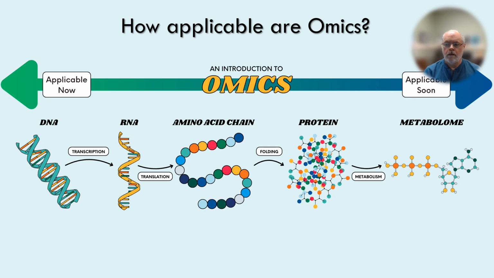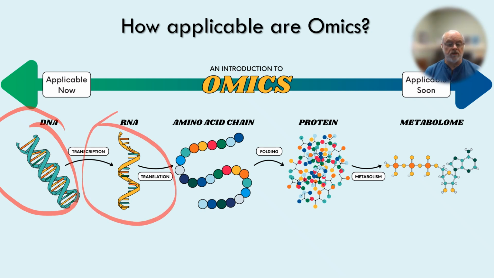Well, the applications early on in the process of gene expression, such as genomics, are widely used within fisheries and conservation even now. So this is used for stock structure, and for applied questions in terms of hybridization. And in fact, transcriptomics is also widely used within fisheries. So these are now applicable omics technologies.